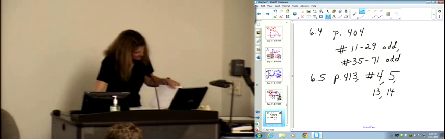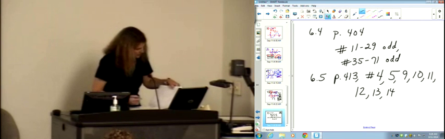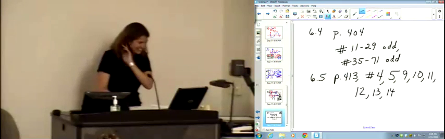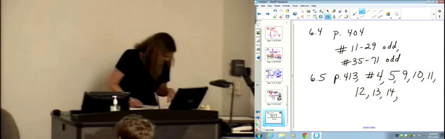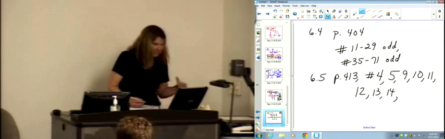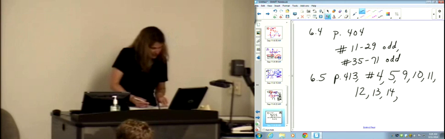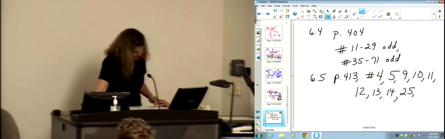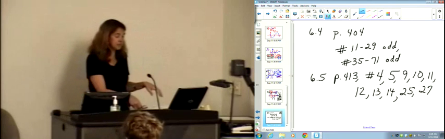Okay. 4, 5, 9, 10, 11, 12. Yeah, 9 through 14 works. It's just because I'm checking them individually here. 9 through 14 works for that part. And then let's go down. See, it's got the cotangent and tangents mixed in, and that's what I'm trying to not hit right now since we did not talk about those yet. 25 and 27. We'll just leave that at that. That looks like a little more than usual maybe, but practice with those.